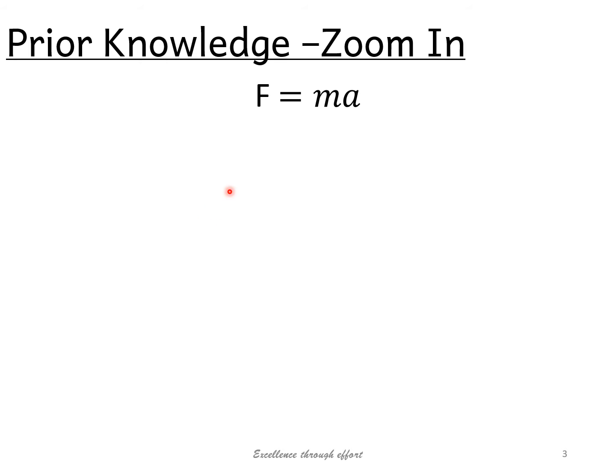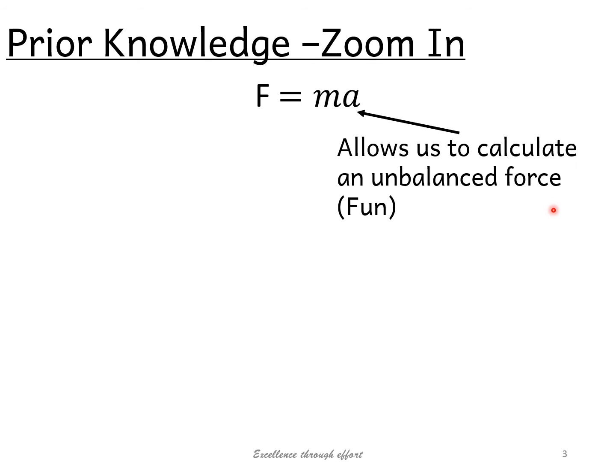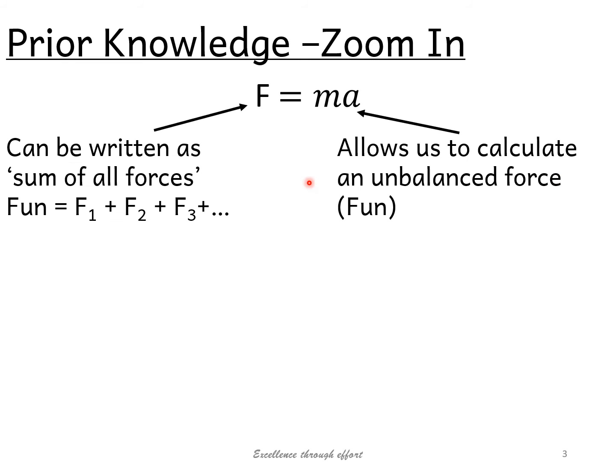So if we look at Newton's second law, we can see there's two bits to it. The first bit is ma, which allows us to calculate the unbalanced force simply by multiplying the mass by the acceleration. The second bit, which is probably the more interesting bit, is this F. Now, F can really be written as the sum of all forces, or it can be written as F unbalanced is equal to F1 plus F2 plus F3.